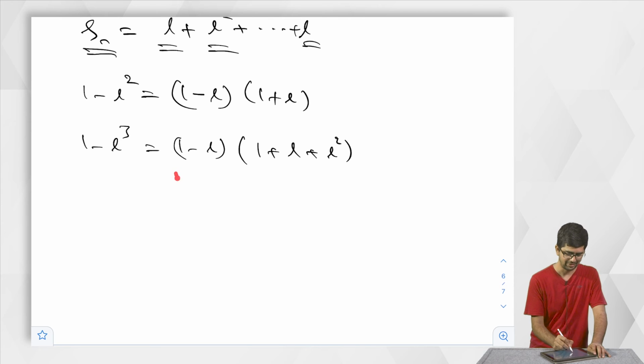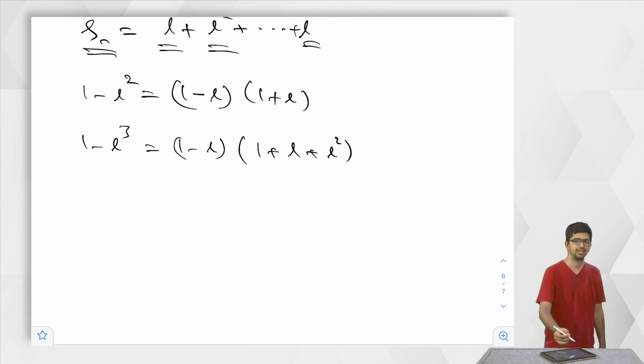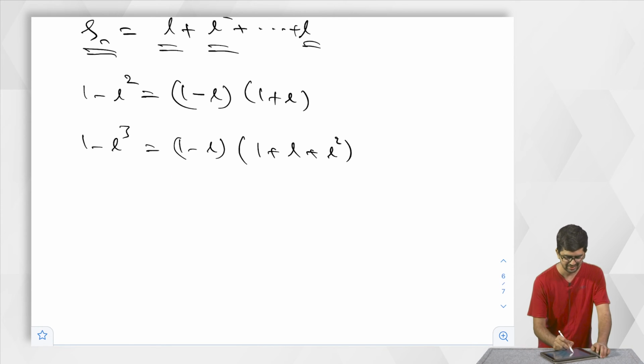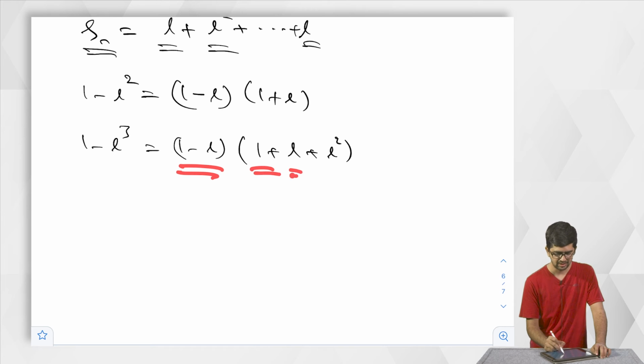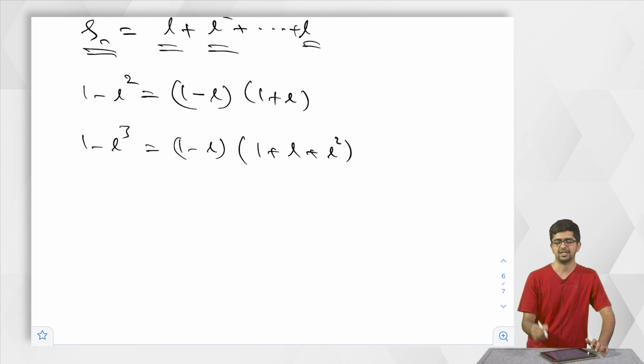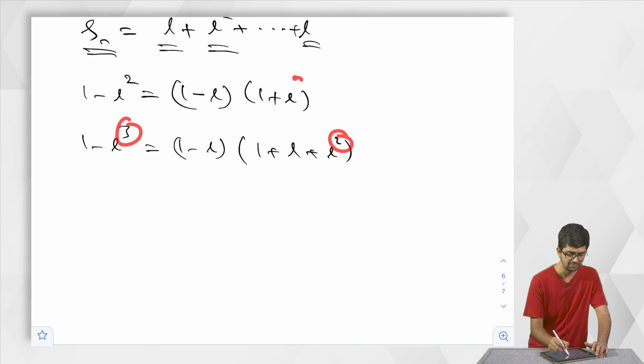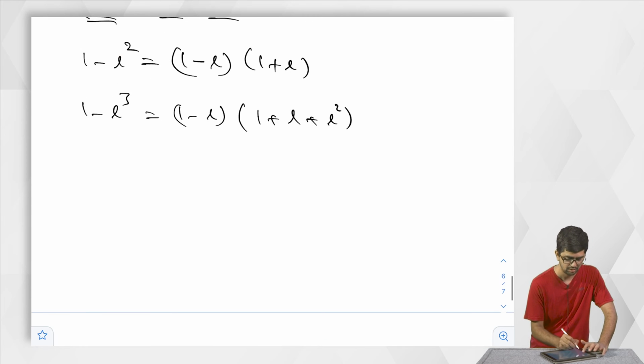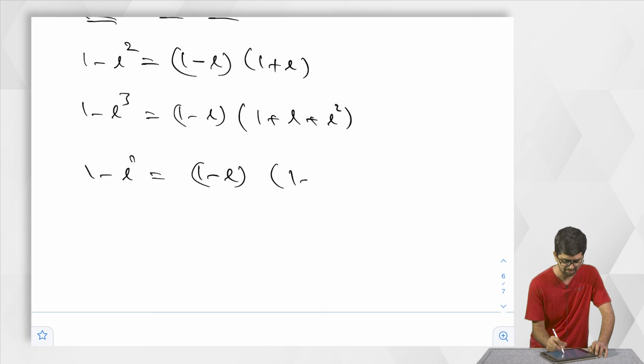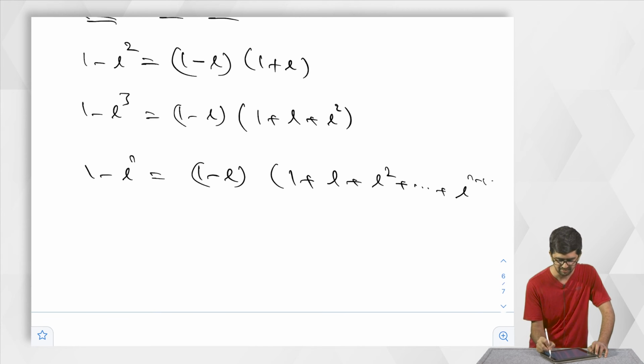I think you know what to write next. 1 minus L power n is equal to 1 minus L times 1 plus L plus L square and so on up to L power n minus 1. See the difference: it is 2 here, 3 here, and 1 here, 2 here. So 1 minus L power n is equal to 1 minus L times 1 plus L plus L square plus so on plus L power n minus 1.